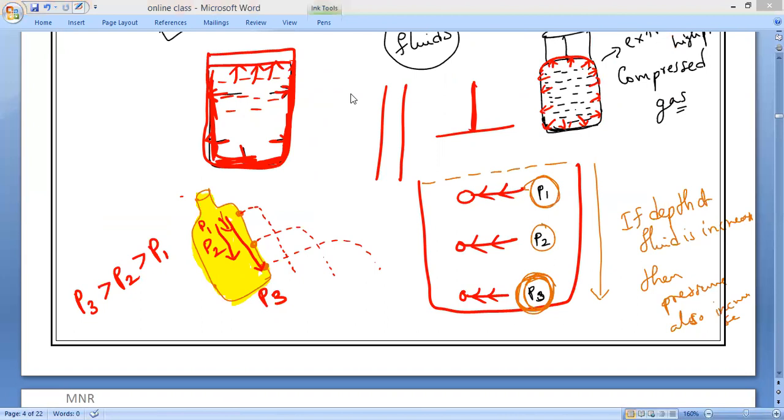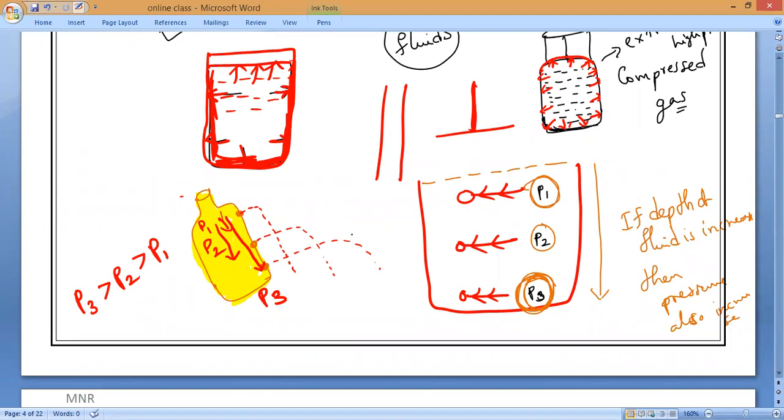The pressure at any point in a fluid increases with the depth. Are you clear, everybody? If you want, you can draw this diagram also.